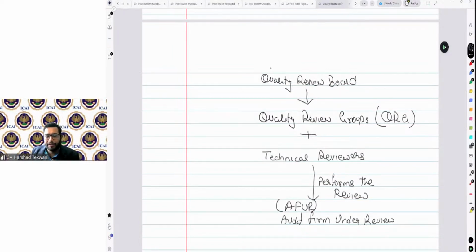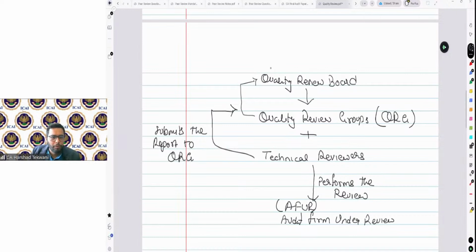Then the technical reviewer, after performing the review, submits the report to the QRG. The QRG in turn submits the recommendation with the report to the board for further action.